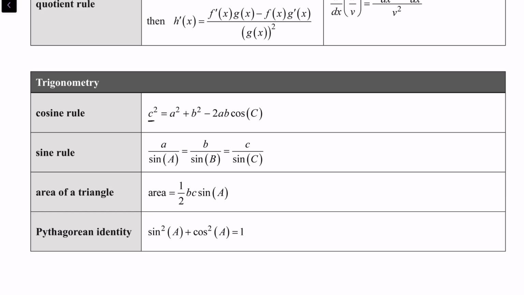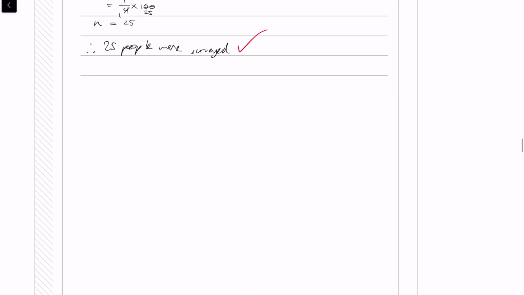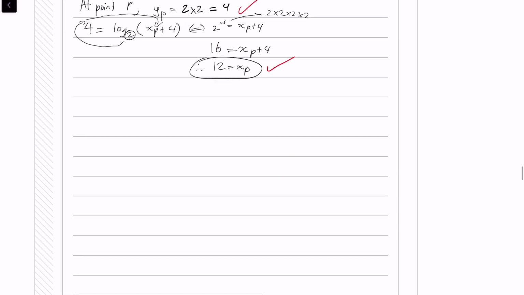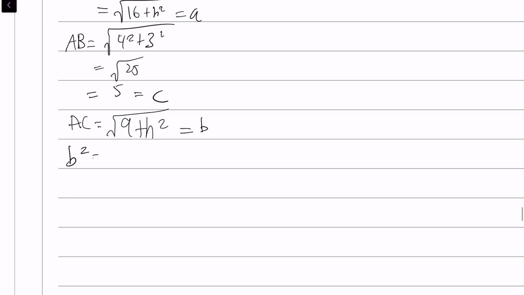I know that it's in terms of C in the general formula, but I need to be using B instead because I know the angle of B. So I'll be using B squared, and then I might swap the B and C. So I'll write out the cosine rule for this question. B squared equals the other sides squared, added together, minus those two other sides, times cos B.